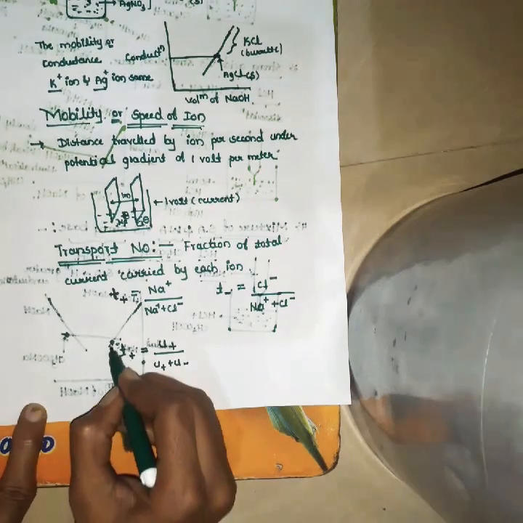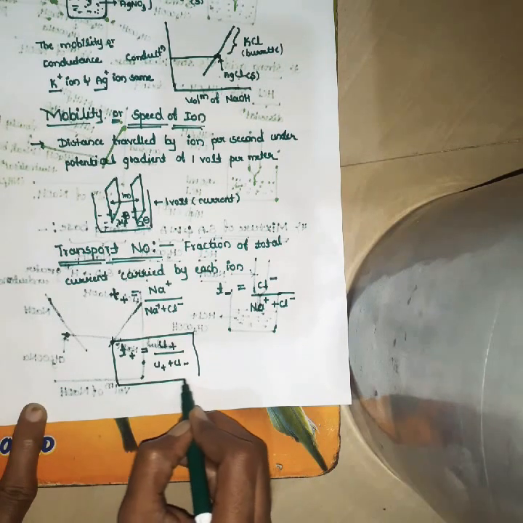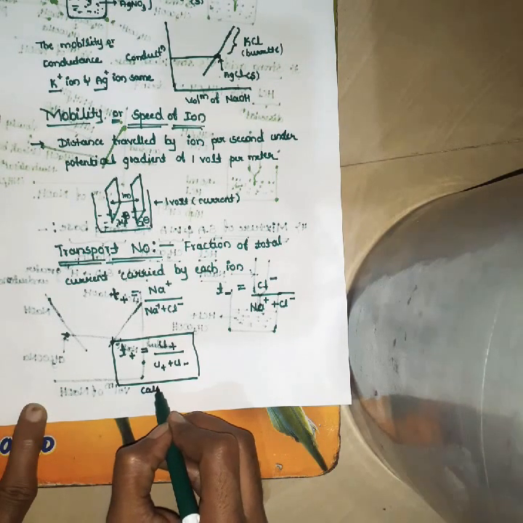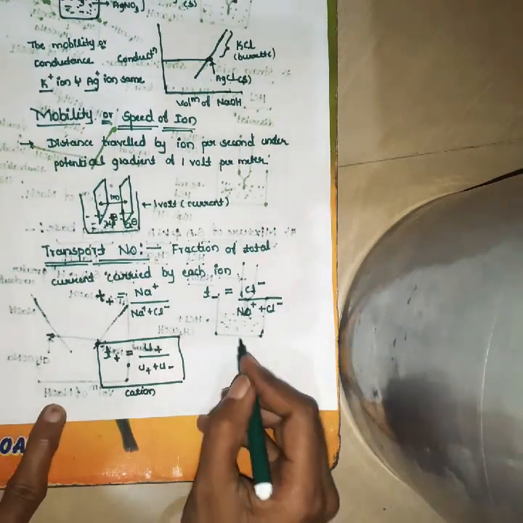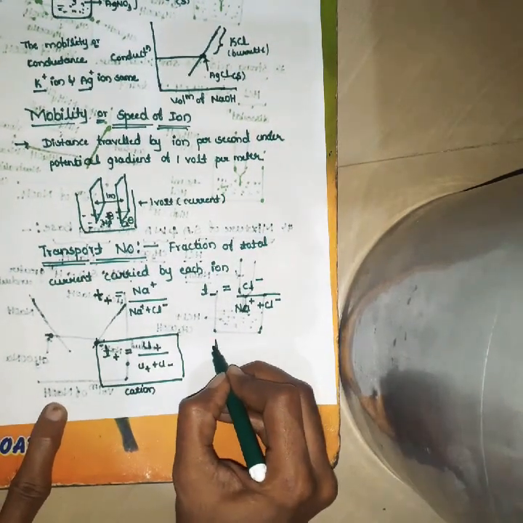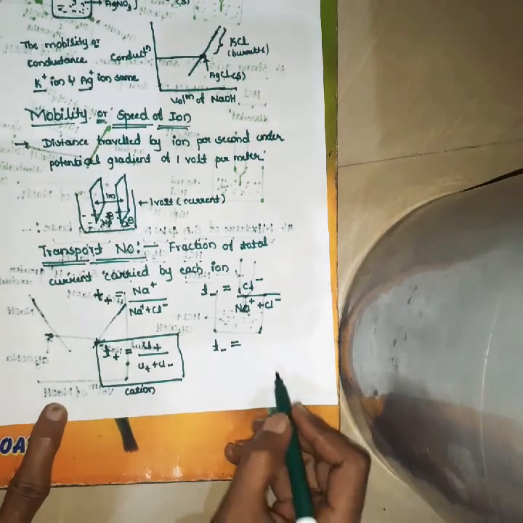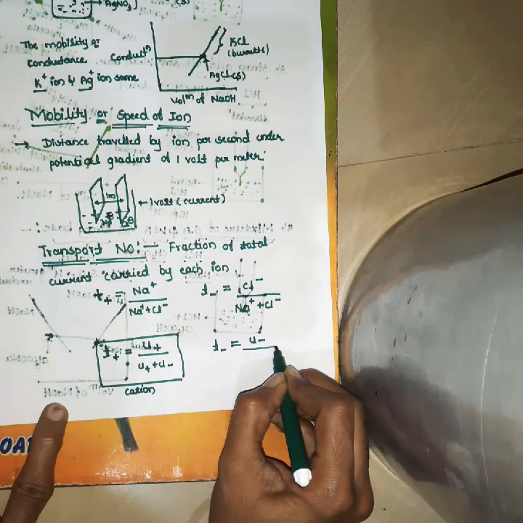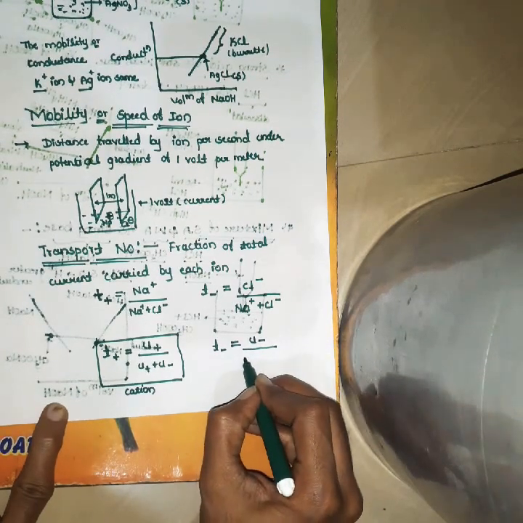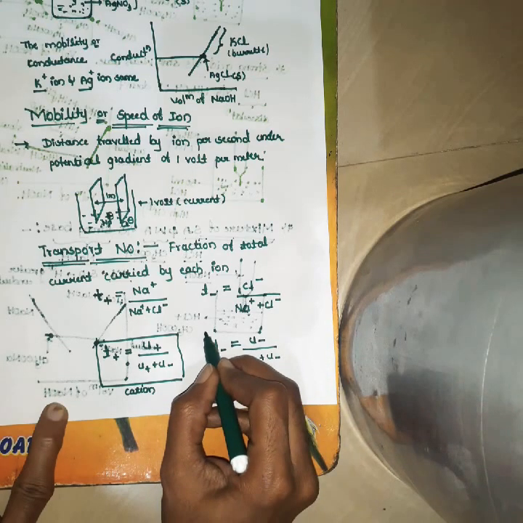And T minus, the transport number for an anion, is given by U minus divided by U plus plus U minus.